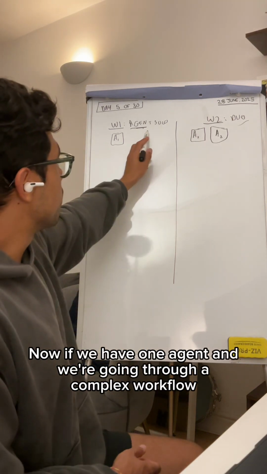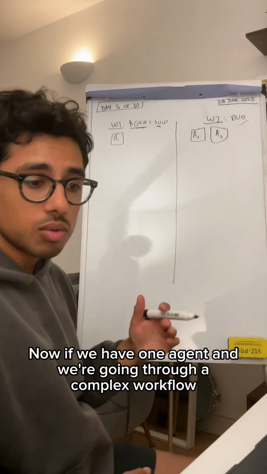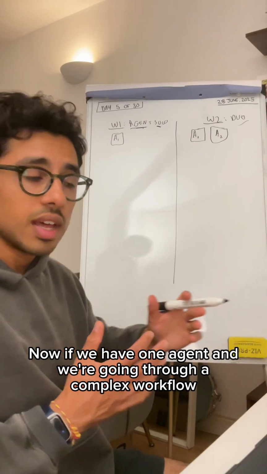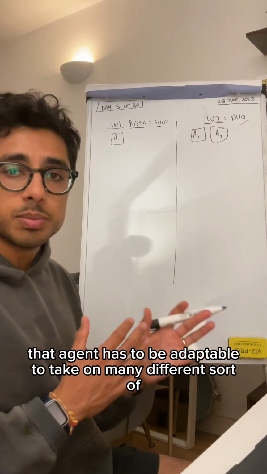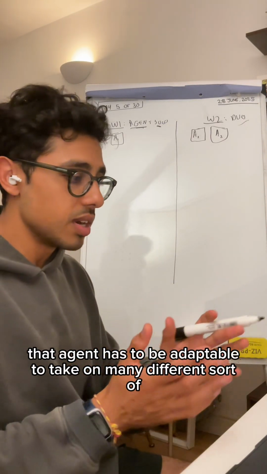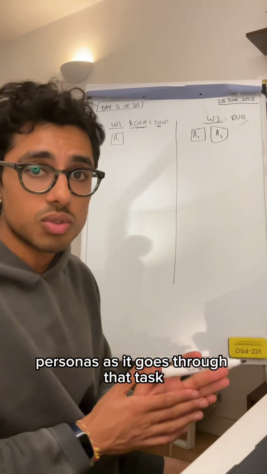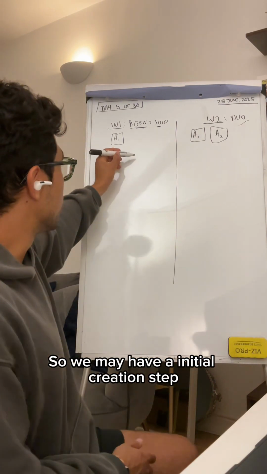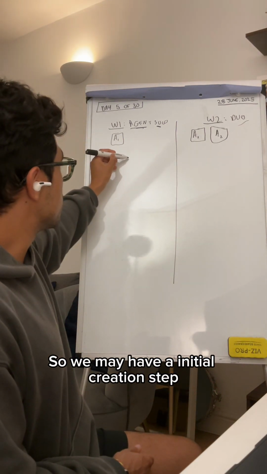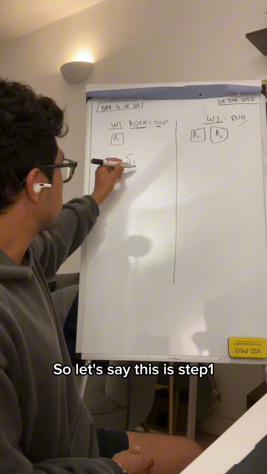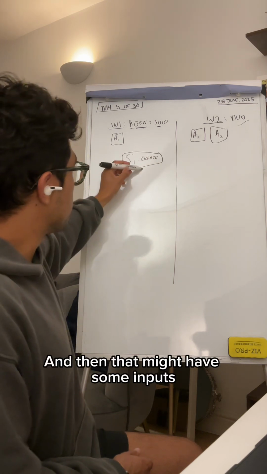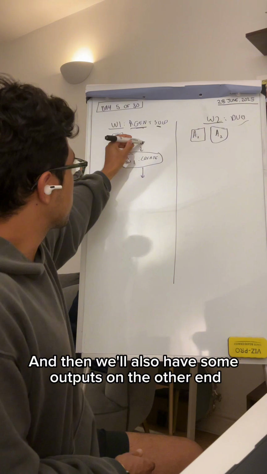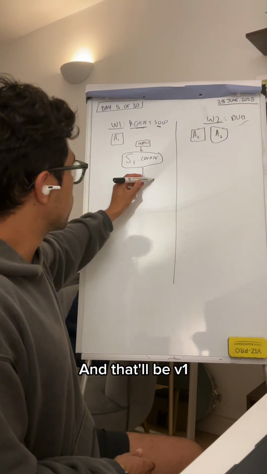Now, if we have one agent and we're going through a complex workflow, that agent has to be adaptable to take on many different personas as it goes through that task. So we may have an initial creation step. So let's say it's step 1, create, and then that may have some inputs, and we'll also have some outputs on the other end, and that'll be V1.